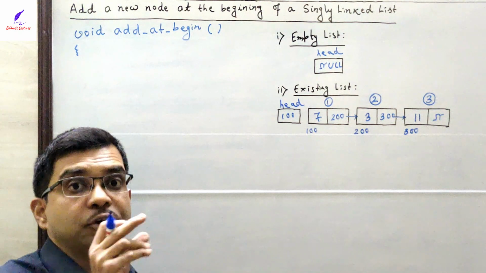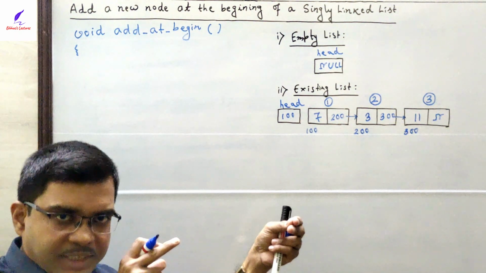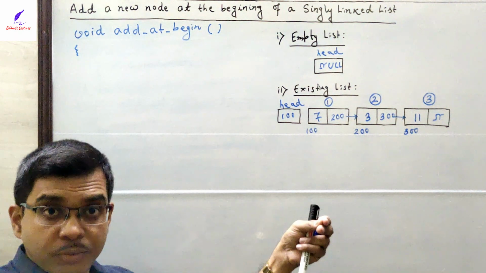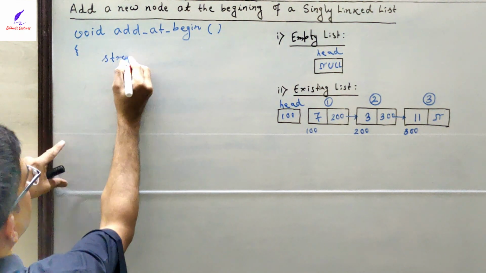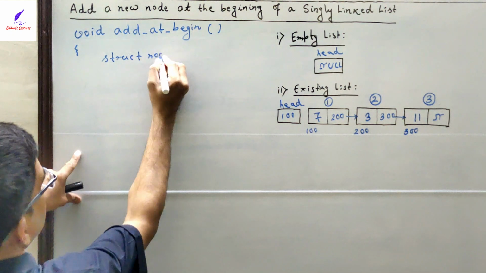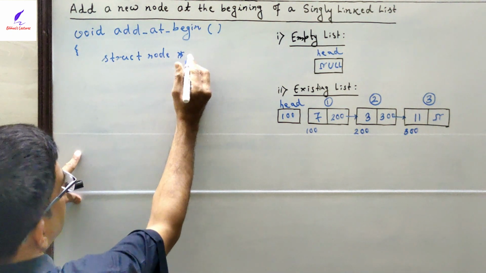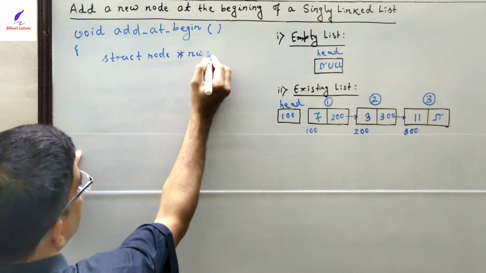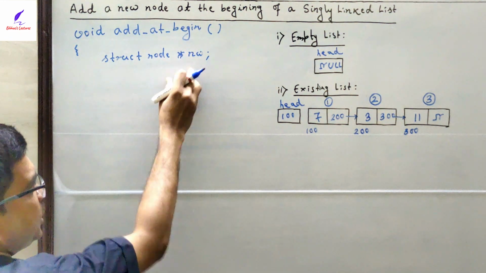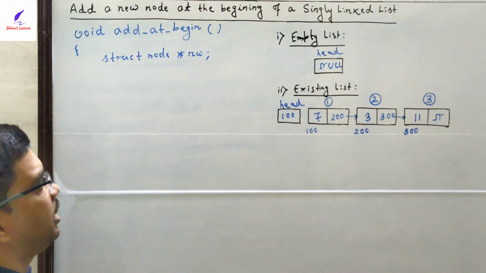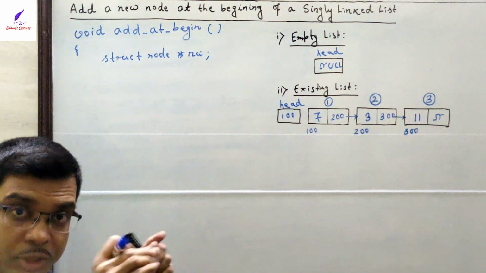So first you have to declare a node pointer so that this starting address can be pointed to by this new pointer. So first we will declare a node pointer: struct node star nw. NW stands for new. It is a node pointer which can point to any node, so it will point to the new node that we are going to create.